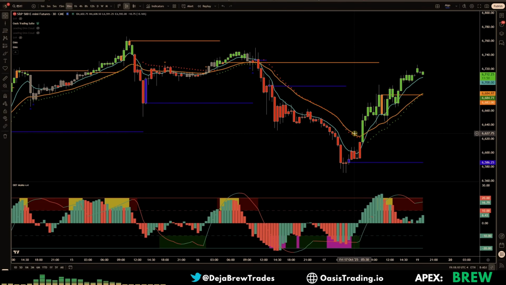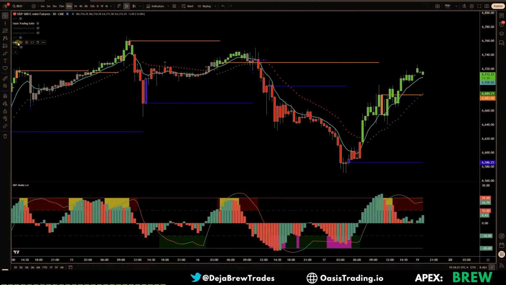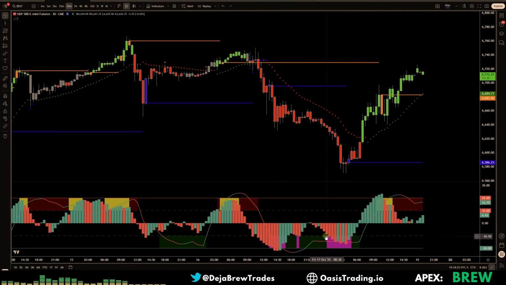They're completely independent of each other, but they do line up with each other because I designed the trail to be around that responsive area. So if I turn off the 24 here, we could say, based on that blue pivot coming in, based on that purple shading coming in, the likelihood of a pullback into that trail is pretty high.